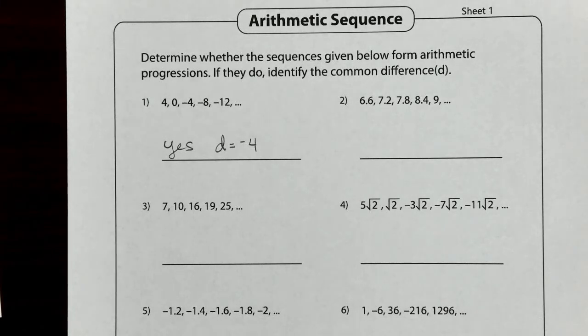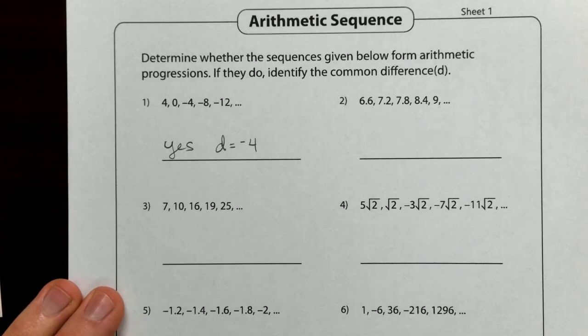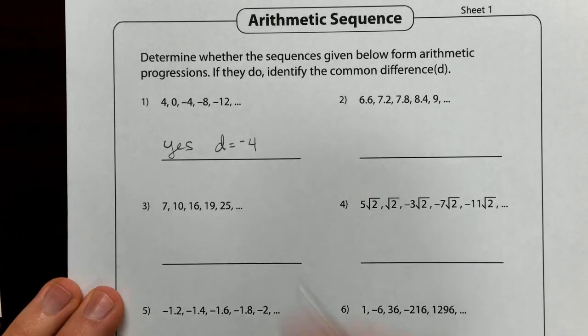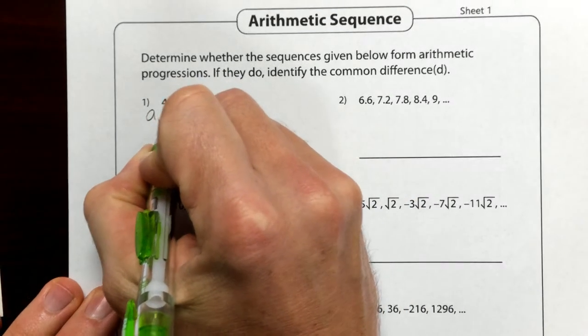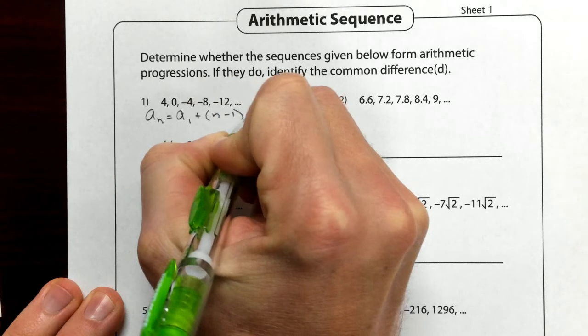Okay, so now let's go ahead and set up the explicit formula one time. Dara, I want you to write the explicit formula. Again, the explicit formula is a sub n equals a sub 1 plus n minus 1 times d.